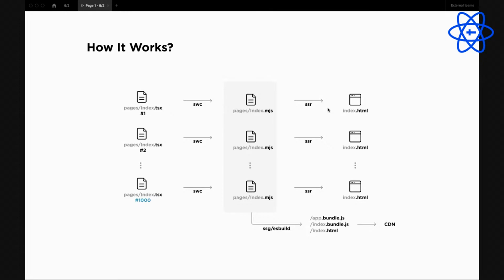This we call SSR. The browser just receives the HTML and the CSS and JS files, so it renders. That's it. That means even if you have 1,000 pages or one page, the server boot time is the same. Finally, we use esbuild to bundle your JS, and you can put it on a CDN with a version.